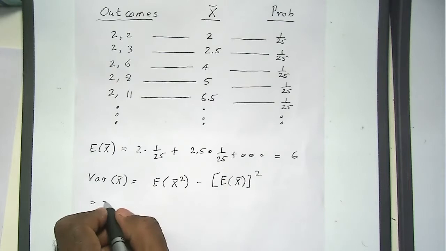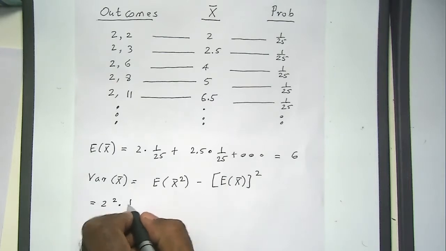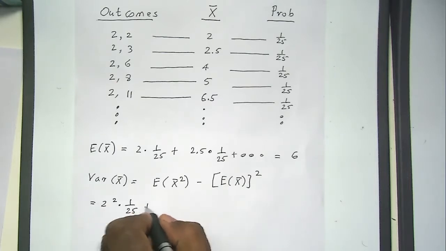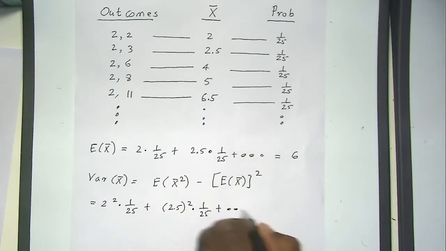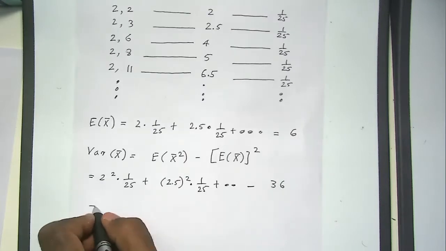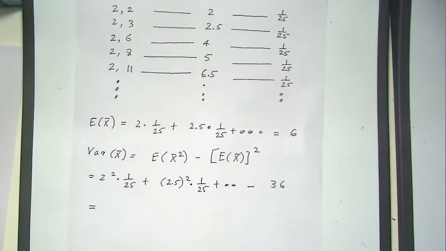It's going to be 2 squared times 1 over 25, 2.5 squared times 1 over 25, and so on, minus 36. And if you do the math, you will get the following. Let me see, it is 5.4.